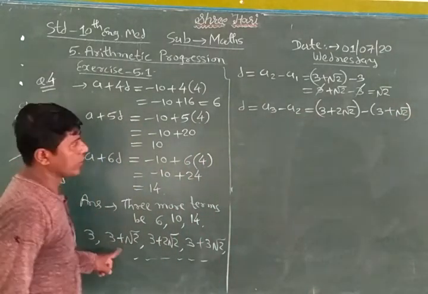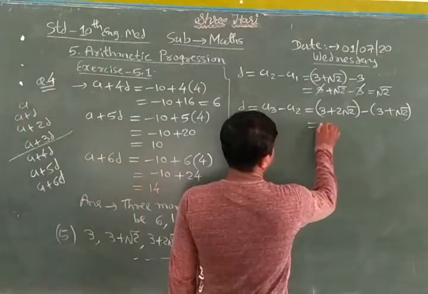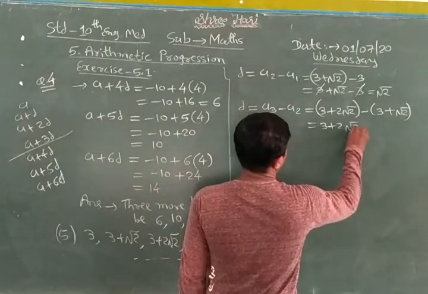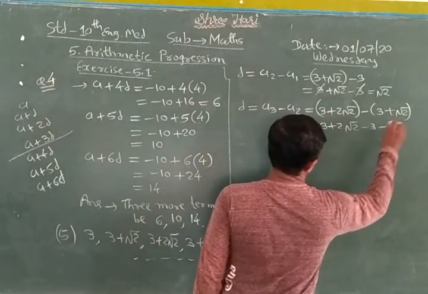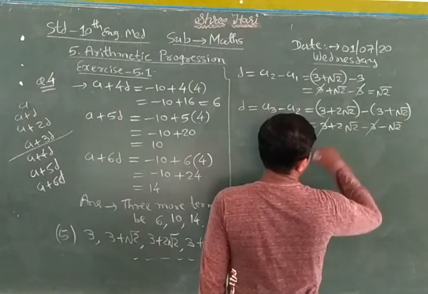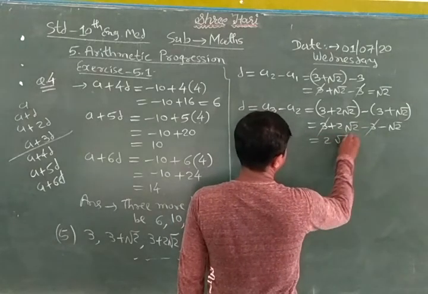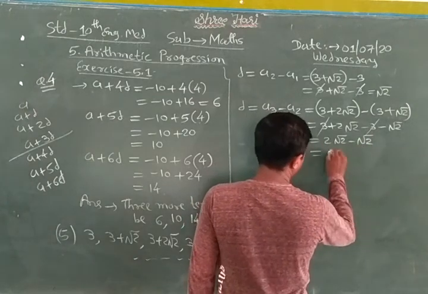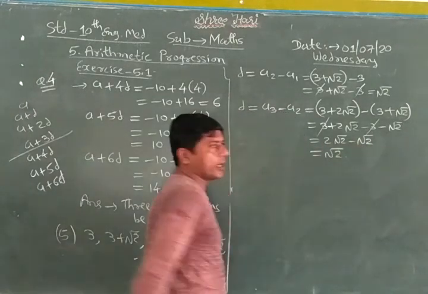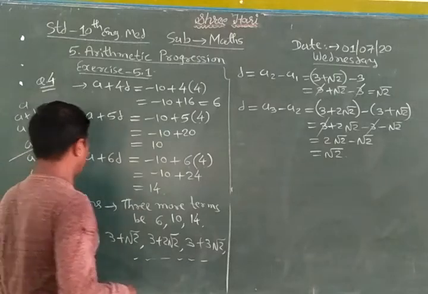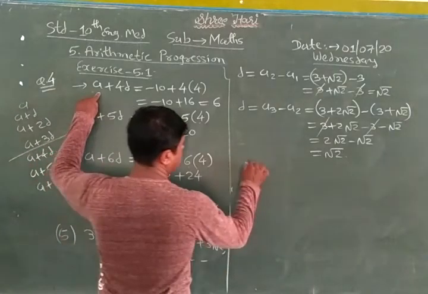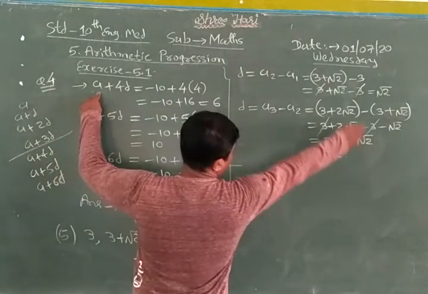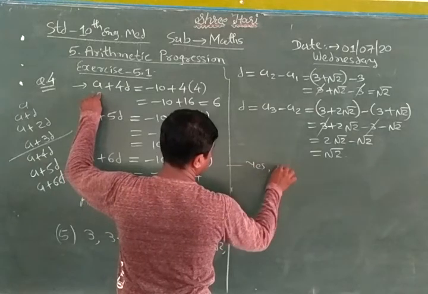A3 minus A2: 3 plus 2 root 2 minus 3 minus root 2. 3 cancels, here 2 root 2 minus root 2, so 2 minus 1, so 1 root 2. Okay. Now again we find out 3 more terms. Because both answers are the same, yes, arithmetic progression.